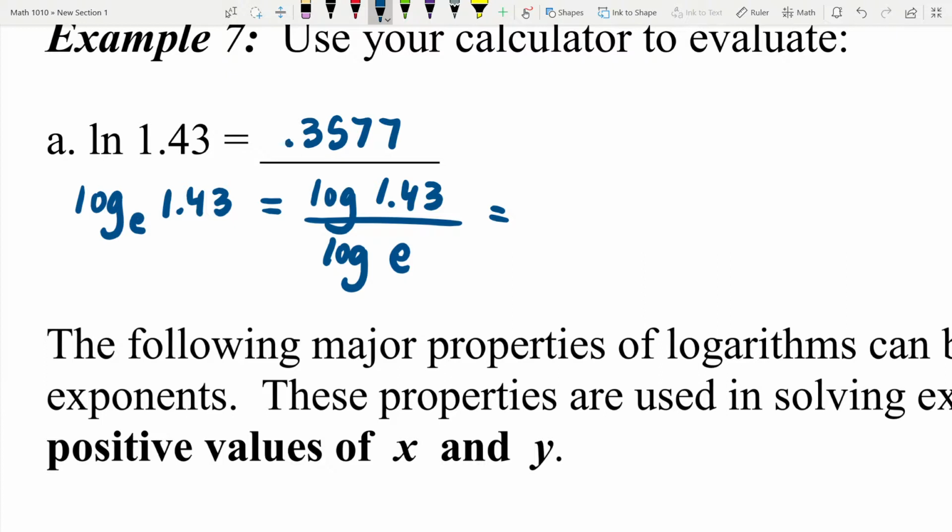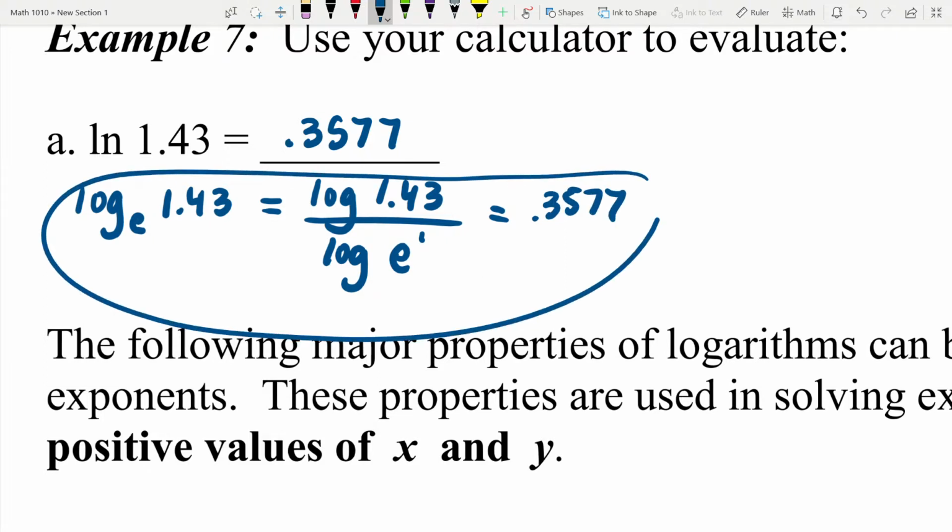Now we do have a little bit of a problem because the calculator inputted an exponent on the E, but this E has an exponent of 1, right? So everybody put in a 1 and then close it, hit enter, and I got exactly the same thing, 0.3577. But you don't have to do all this business because we have a nice calculator and it allows us to go straight to ln. But if we didn't, that's how we do it.